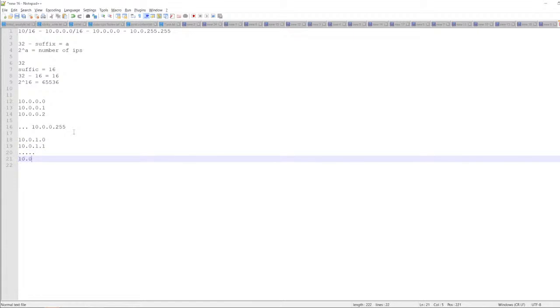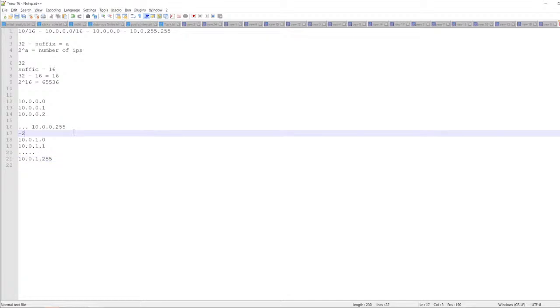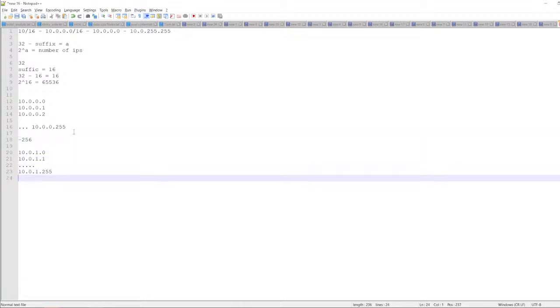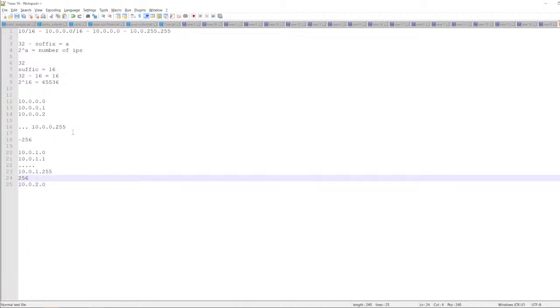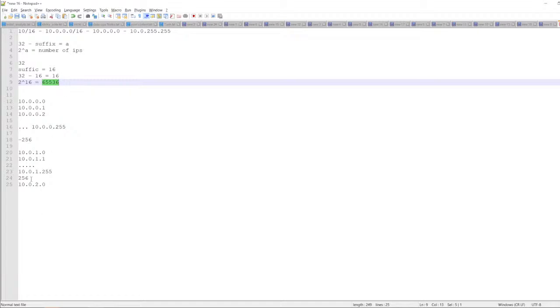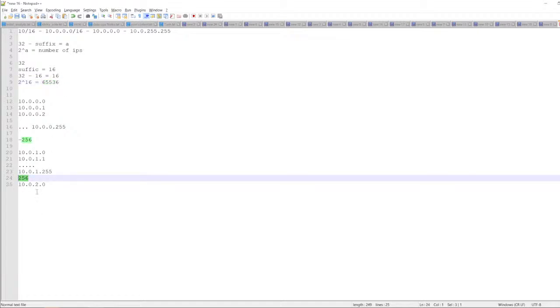It will go till 10.0.1.255. Till here we have used 256, and now an additional 256, so 512. Then 10.0.2.0. Out of 65,000, we have just written 256.